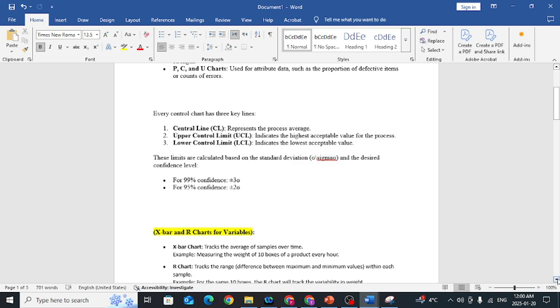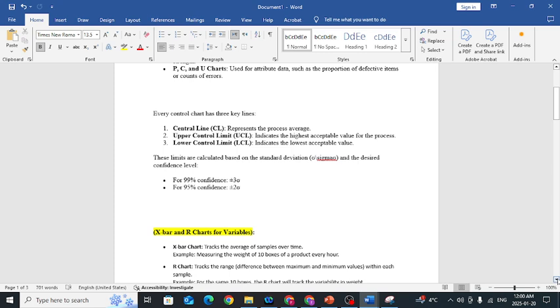The upper control limit, UCL, indicates the highest acceptable value for the process. The lower control limit, LCL, indicates the lowest acceptable value. These limits are calculated based on the standard deviation, I mean sigma, and the desired confidence level.